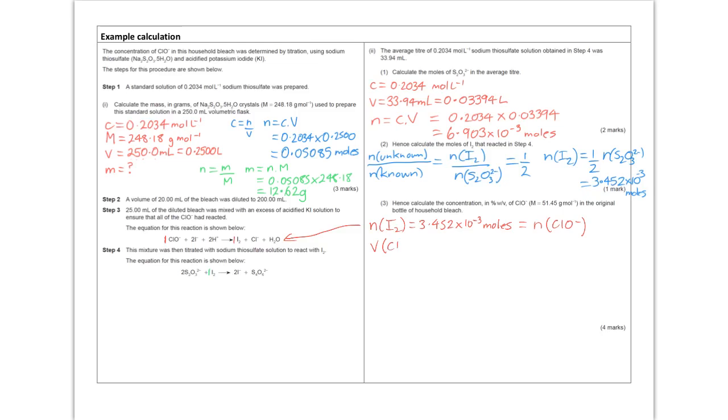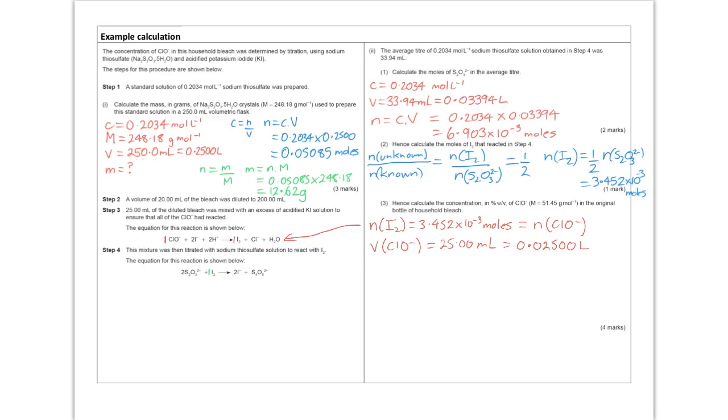And we know that the volume of ClO minus, I'll just label that so it doesn't get confusing, was 25.00 millilitres, keeping significant figures, which equals 0.02500 litres.